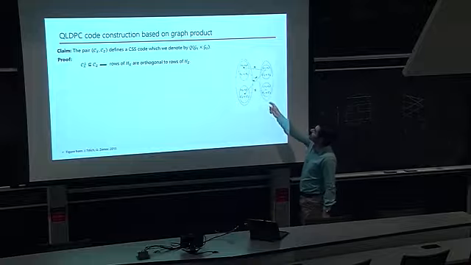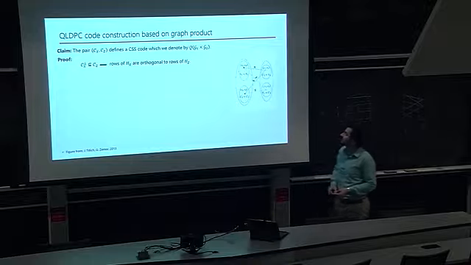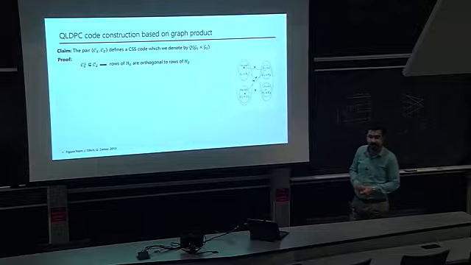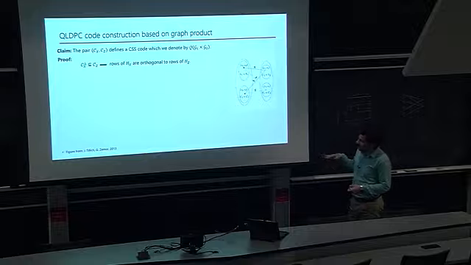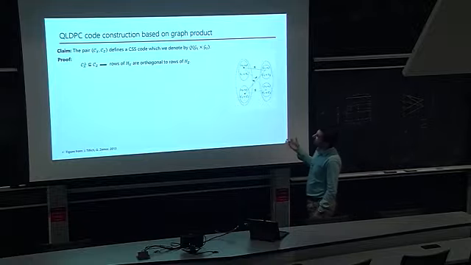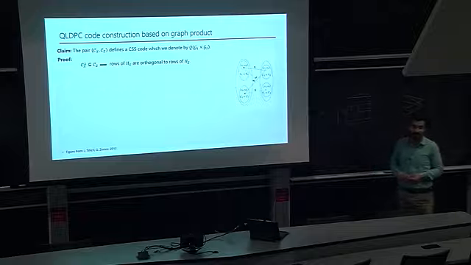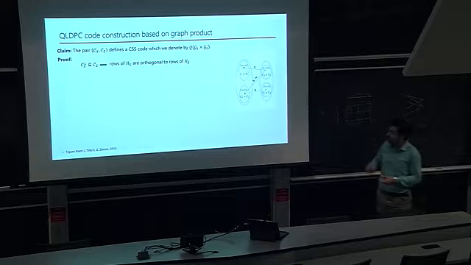Similarly for a vertex in V1 cross C2, which corresponds to a row of HZ, the row is the characteristic vector of the neighbors of that vertex.